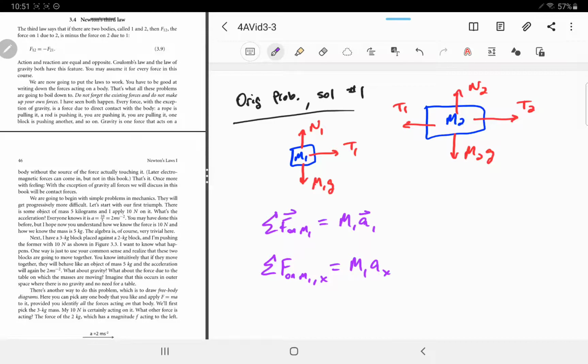Now I could call this ax, but there's only one acceleration in the problem. And M1 and M2 are actually moving together. So we can also say that the sum of the forces on M2, the x components, is equal to M2 times that same acceleration. Because these two blocks move together, we know those two accelerations are the same.